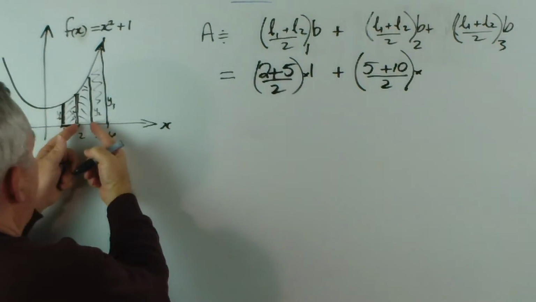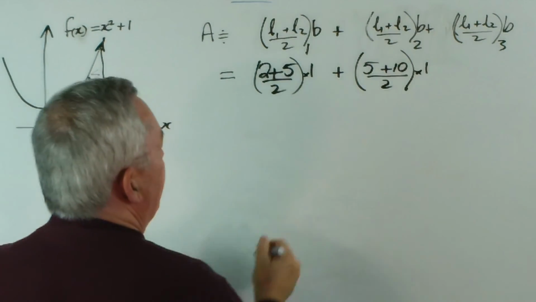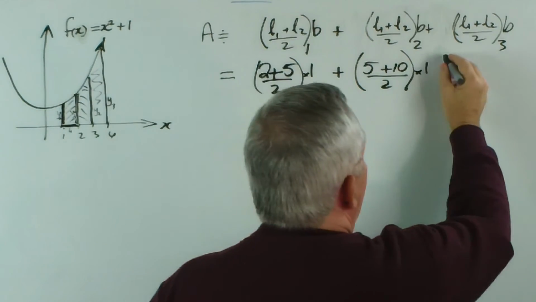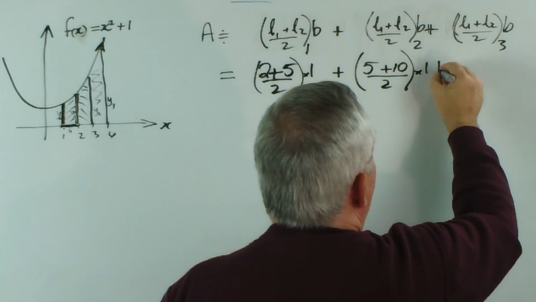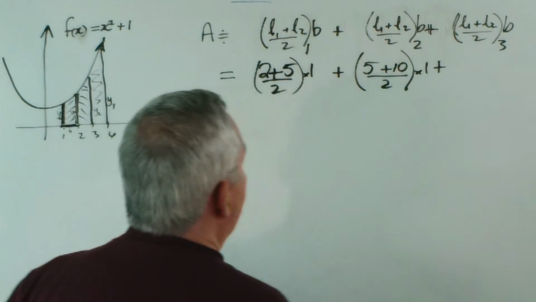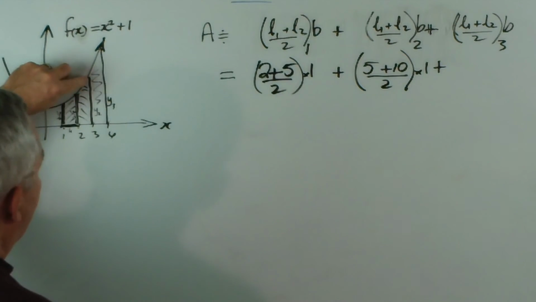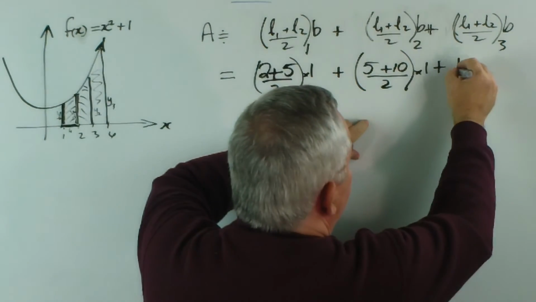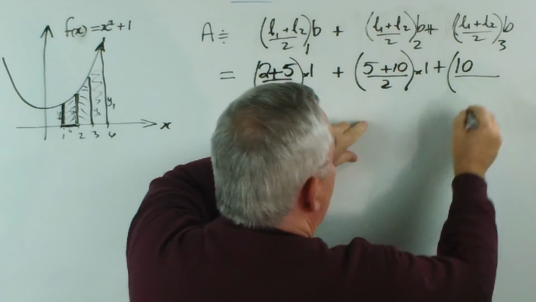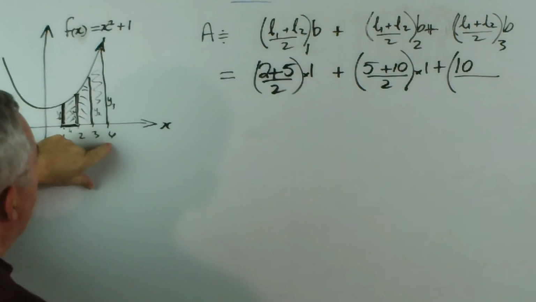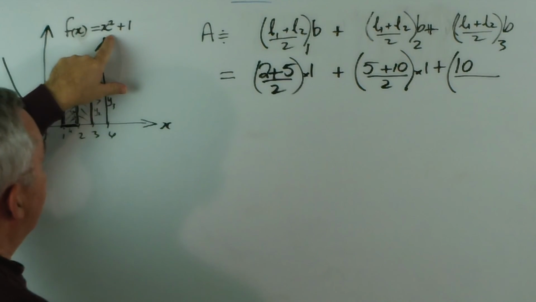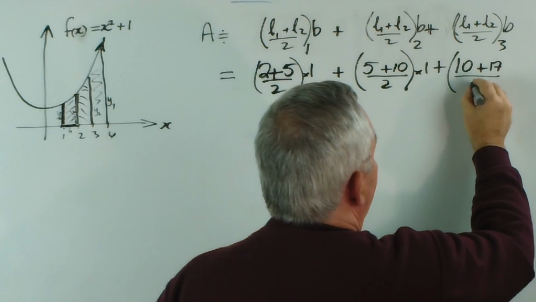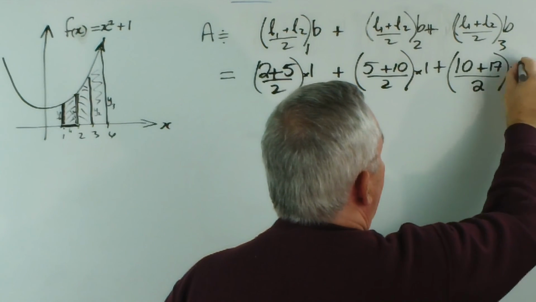Multiplied by the width of the second strip, which is 1. So there's our first strip, the area of our second strip, plus the area of our third strip. Now it's going to have the length here when we substituted 3, which we've already done, and the length here when we substitute 4 is going to be 4 squared, 16 plus 1 is 17, times 1.